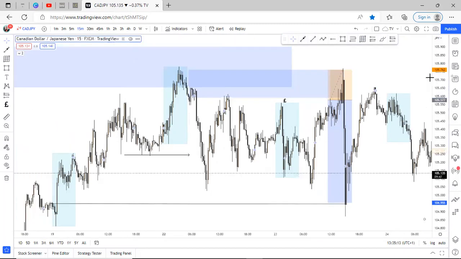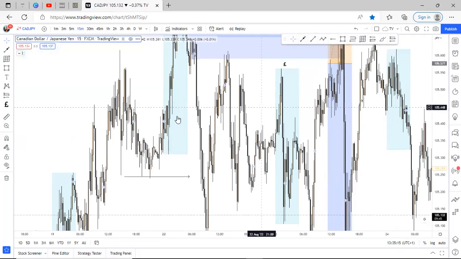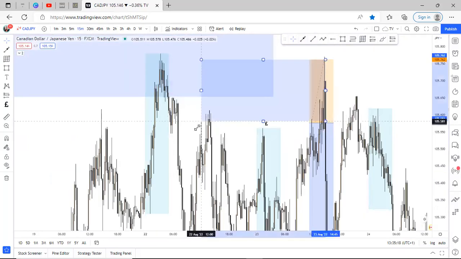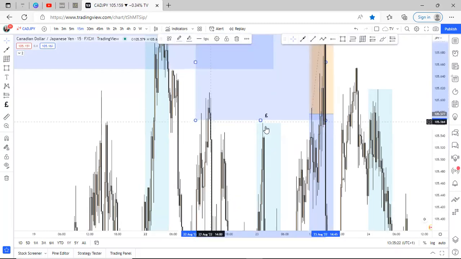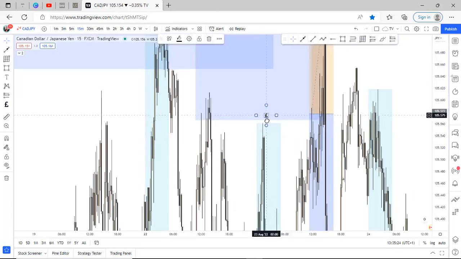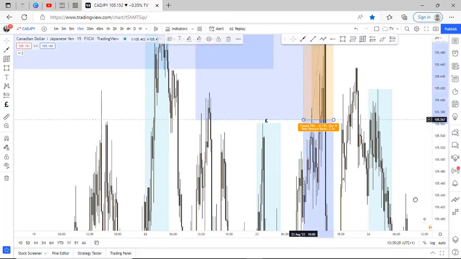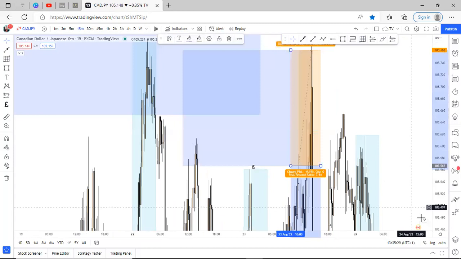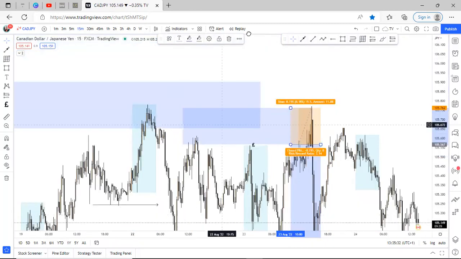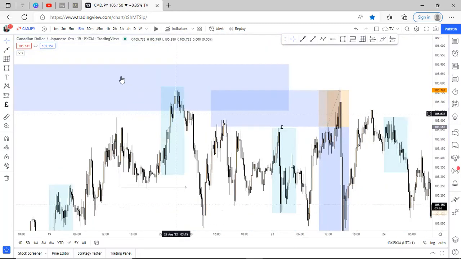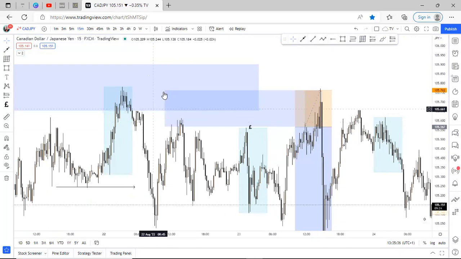Not that one, this right here, just above the Asian range high. I got into a sell trade from right there, and I was thinking price has no business coming all the way up here again, especially because we have mitigated this zone.